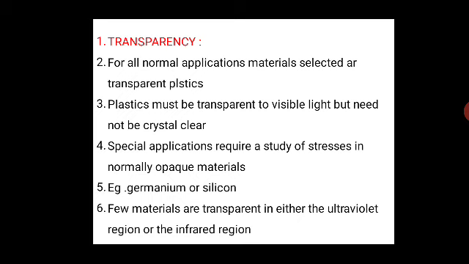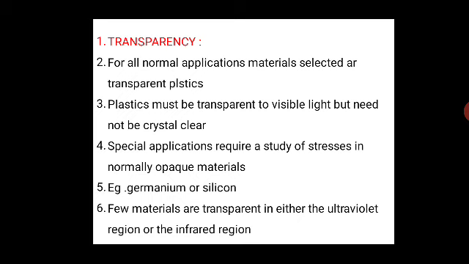The first one is transparency. In almost all normal applications, the materials selected for photoelastic models are transparent plastics. These plastics must be transparent to visible light, otherwise they need not be crystal clear.